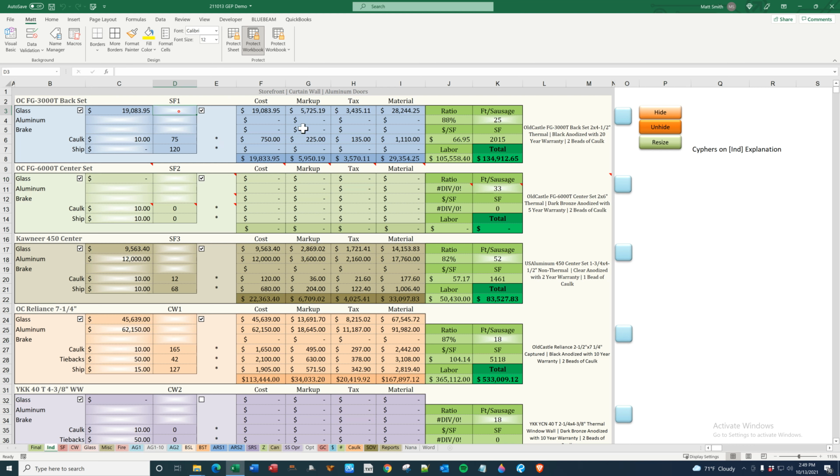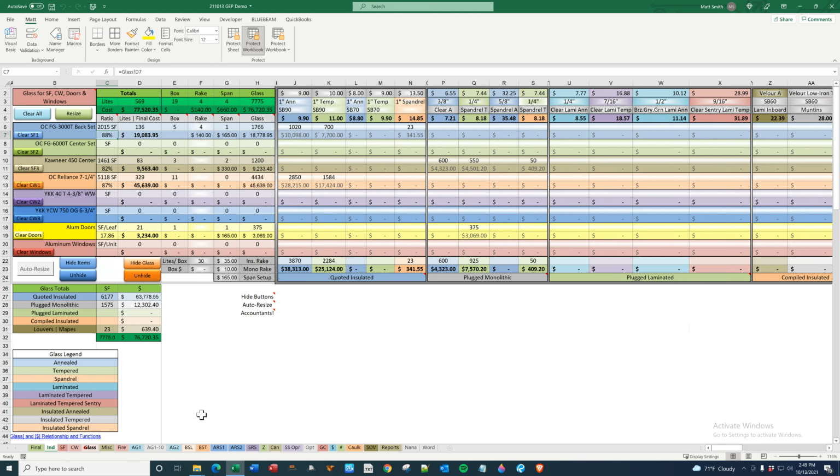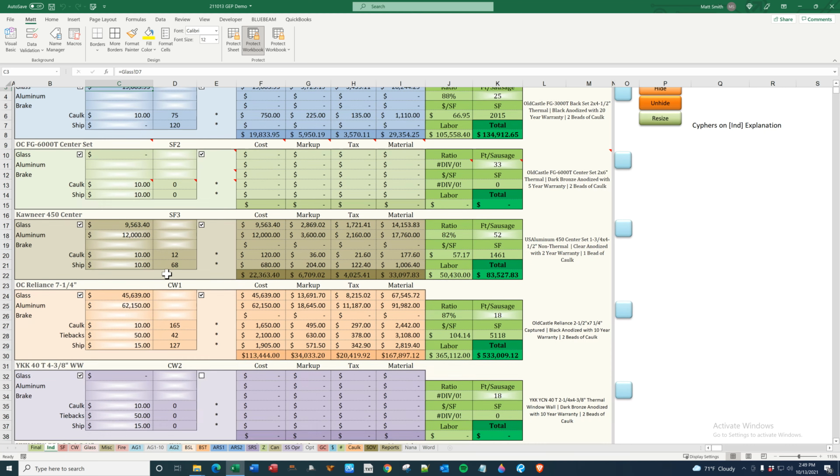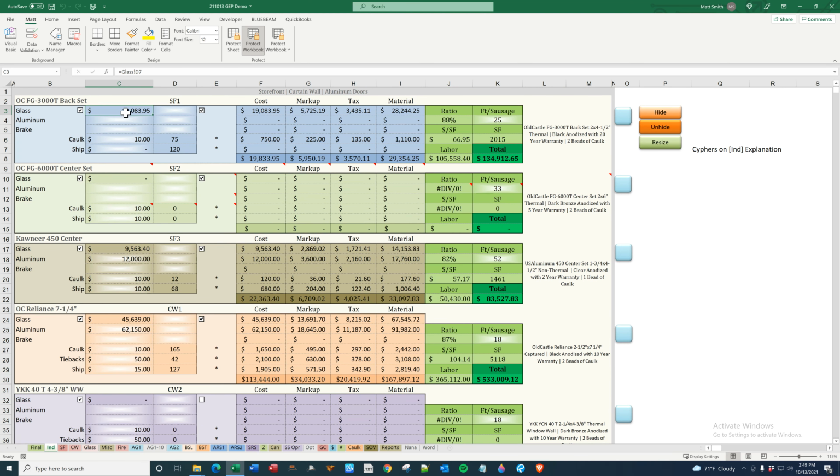You will see these check marks. So this is being pulled from glass, which is here. That's what is known as the database price. If you get a quote, you can plug it in here, at which point the cost adds both until you uncheck.